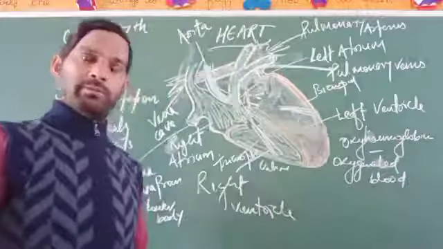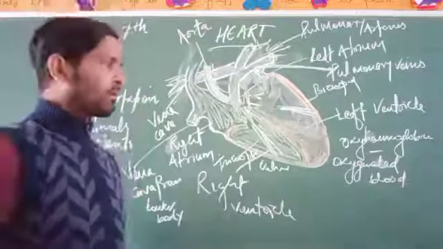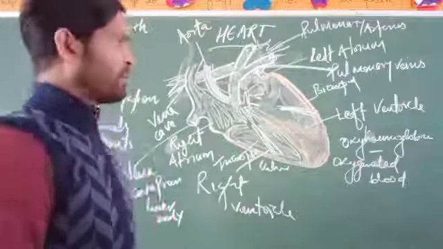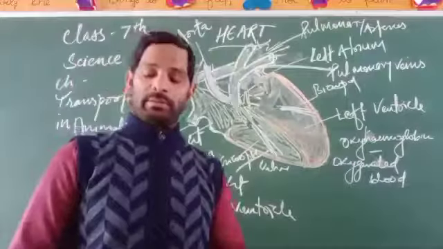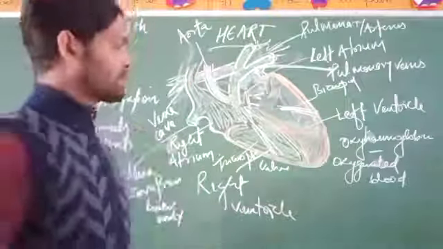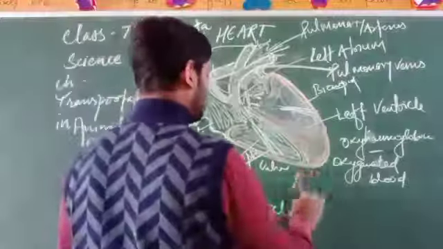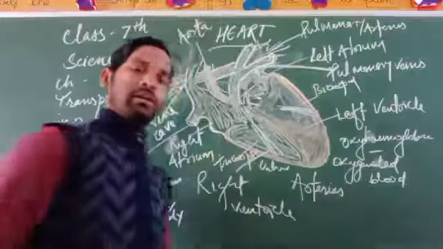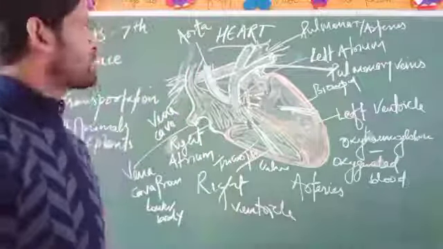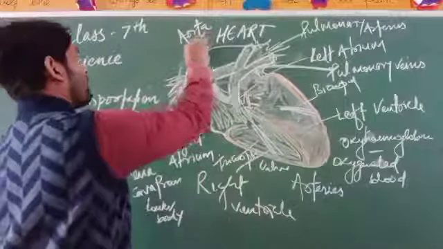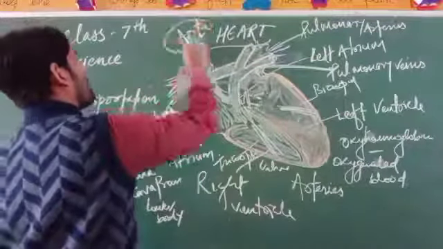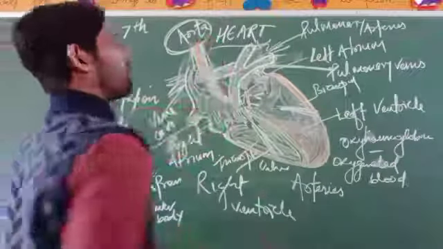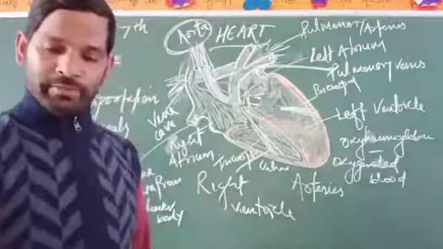So the oxygenated blood runs to the different parts of our organs by a special structure called arteries, and these arteries are connected to the main junction of arteries, called the aorta. Aorta is the main junction through which these arteries get joined.